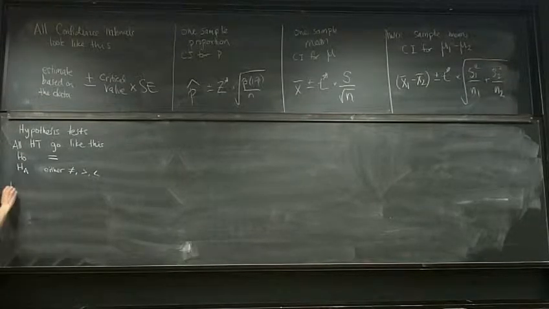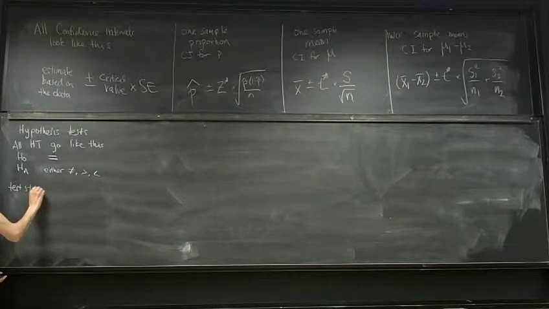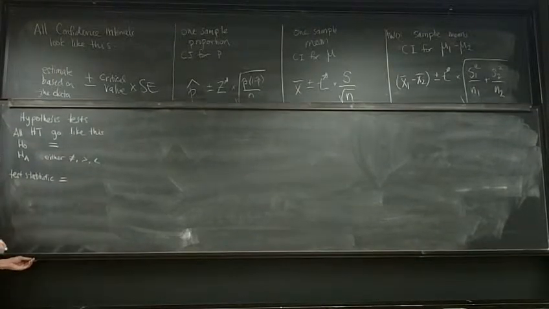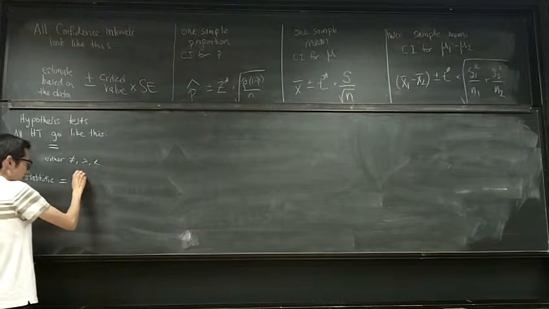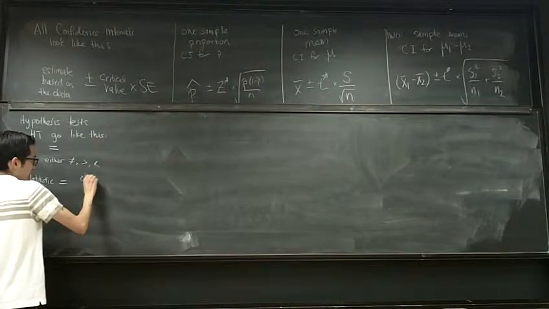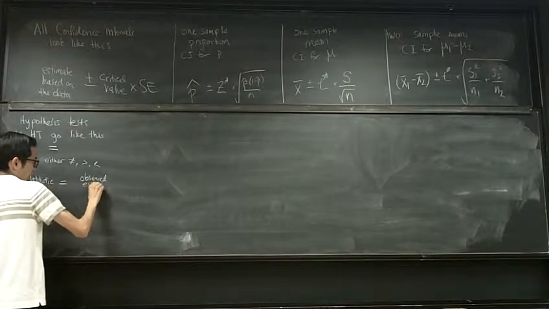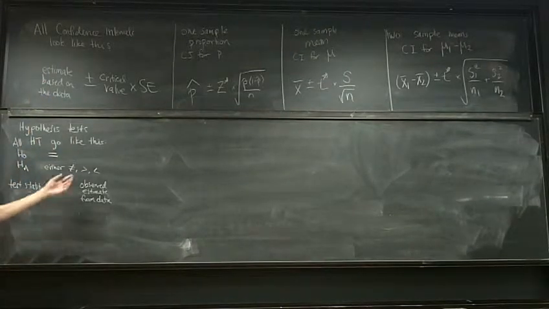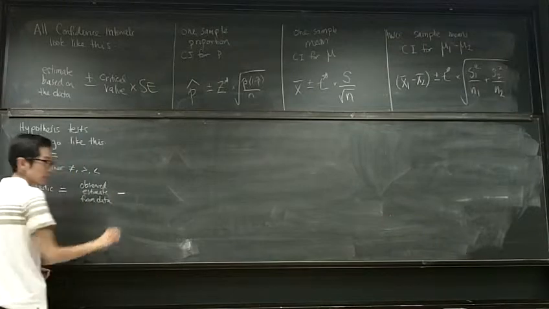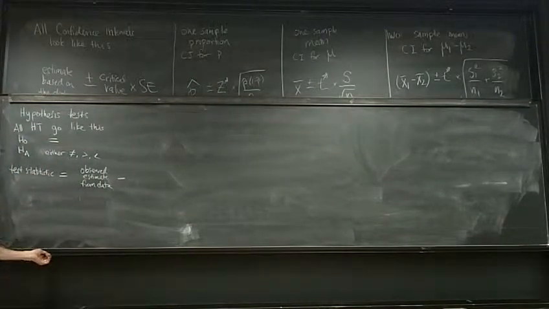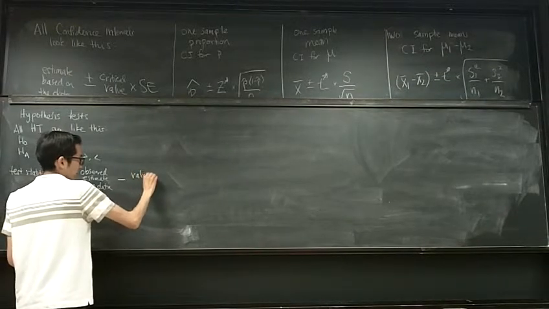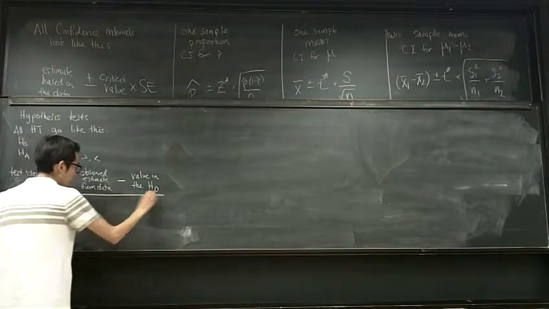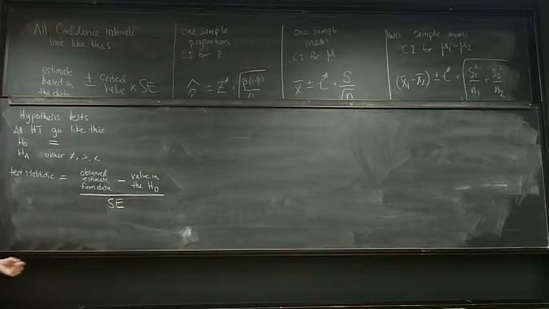The test statistic is always equal to basically your observed estimate from the data, or estimate based on the data, minus whatever is stated in the null hypothesis, the value in the null hypothesis, divided by the standard error.